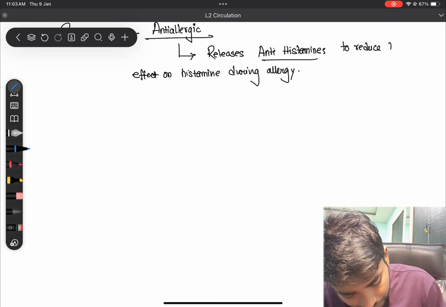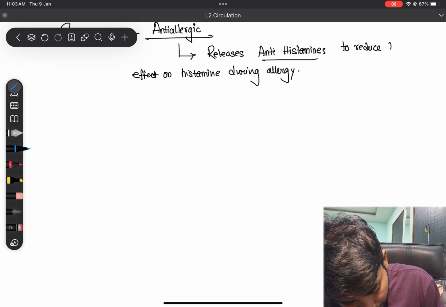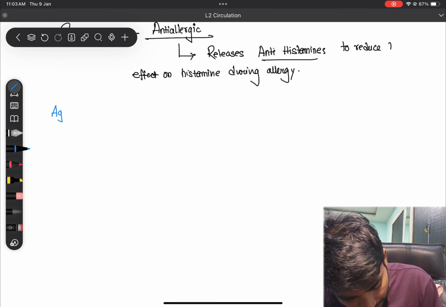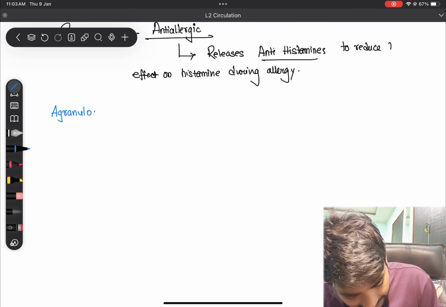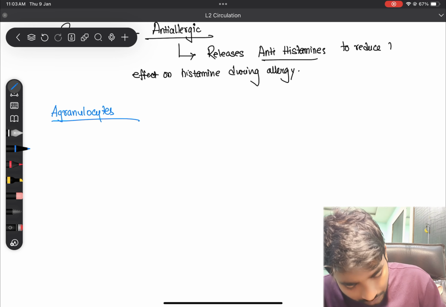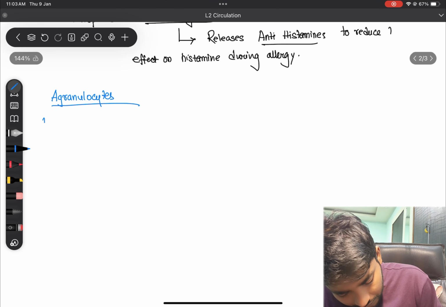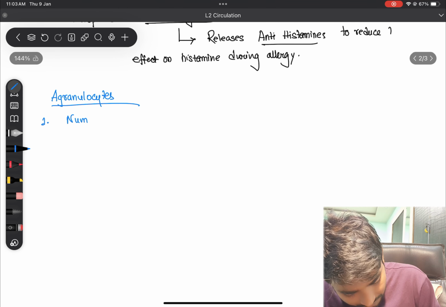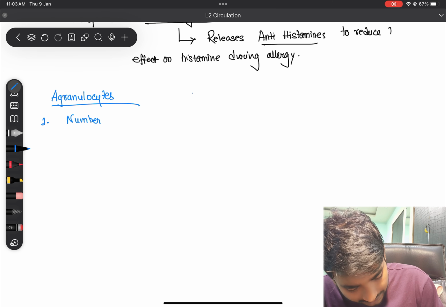Now we come to agranulocytes. Give the heading monocyte.